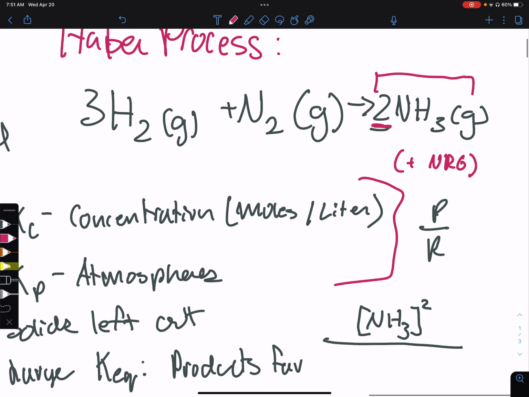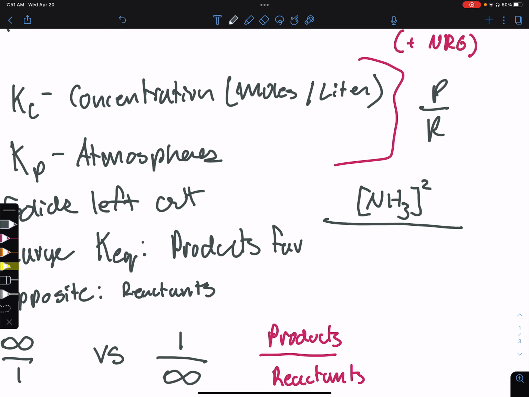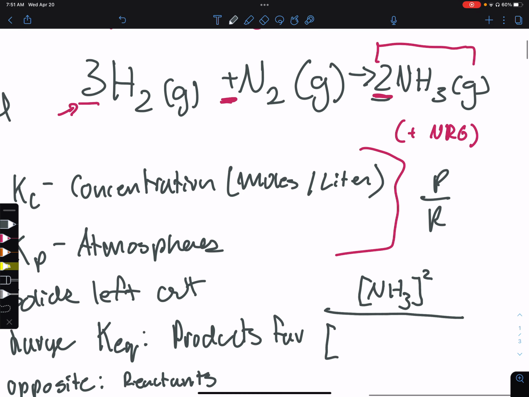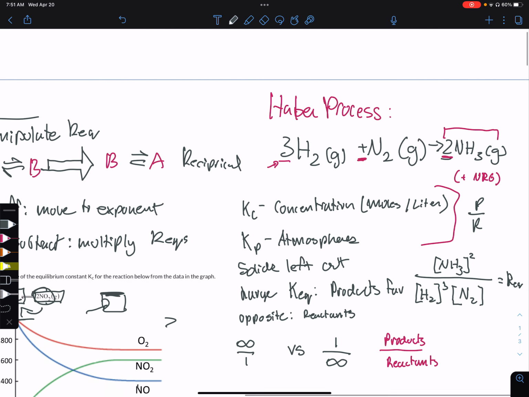We see the 3 here, so this is going to be cubed, but there's no coefficient here, so we can just leave that alone. This is going to look like H2 cubed and then N2 to the power of 1, which is pretty much nothing. And this is equal to our KEQ. Pretty cool.